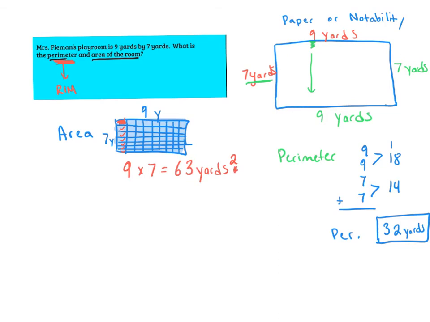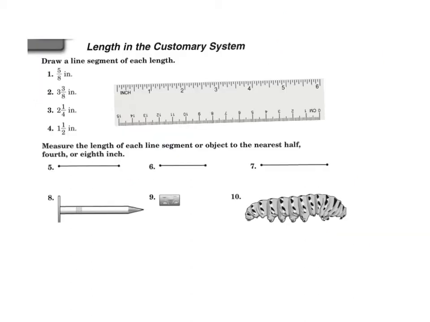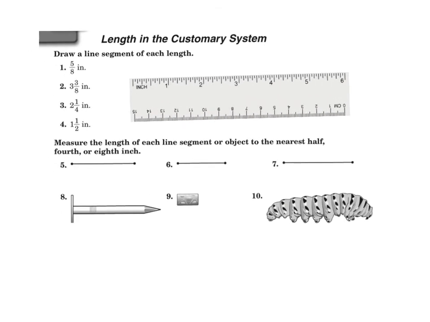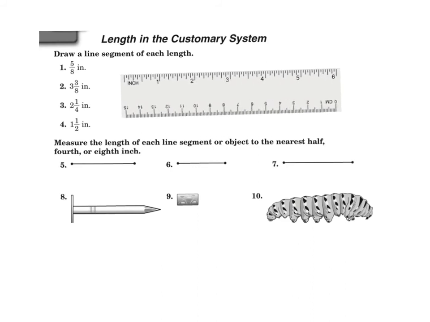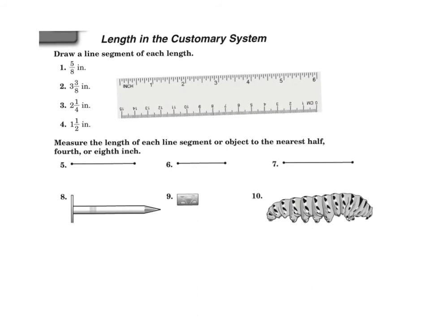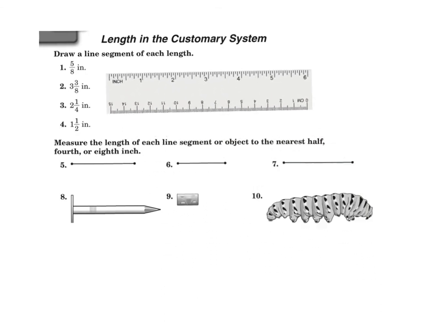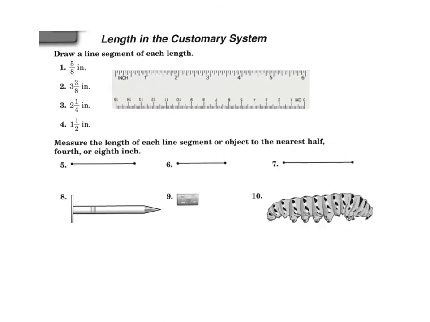Okay, now let's take a look at what your classwork is for today. So this first page is a little tricky to do virtually if you don't have a ruler at home. If you don't have a ruler at home, that is okay. I found one on the internet and I put it onto my document here.